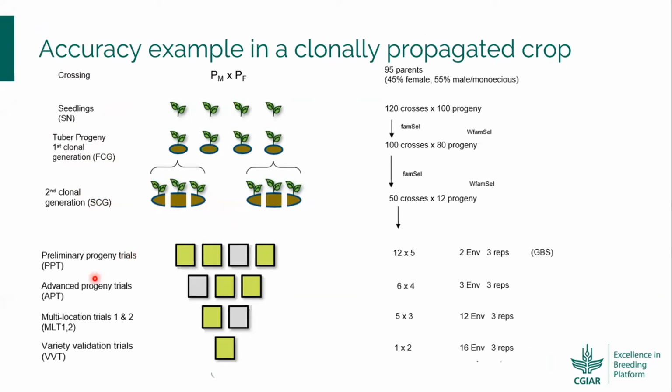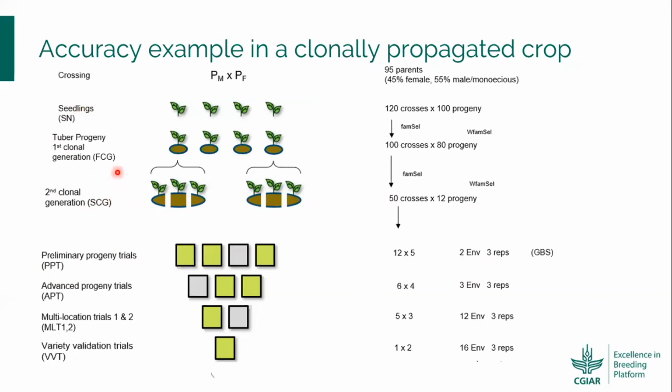By the time they get to what we could call the first yield trials, or preliminary progeny trials, as they call them, they end up with very few materials, about 60 to be evaluated. It's only at this point that they have enough material to replicate in 2 environments with 3 reps. Before, they only have 1 environment with 1 rep. So the material they have in these generations is very limited.